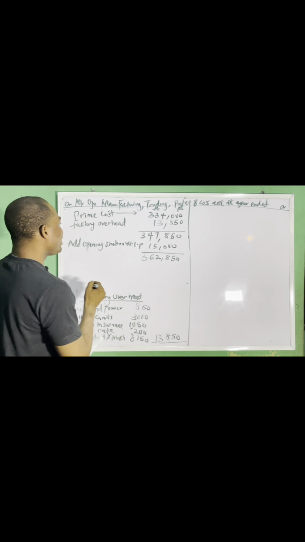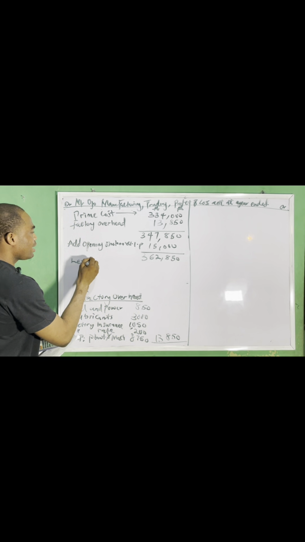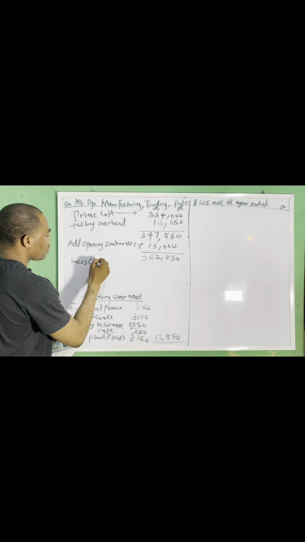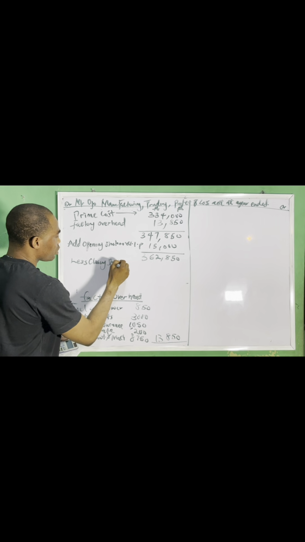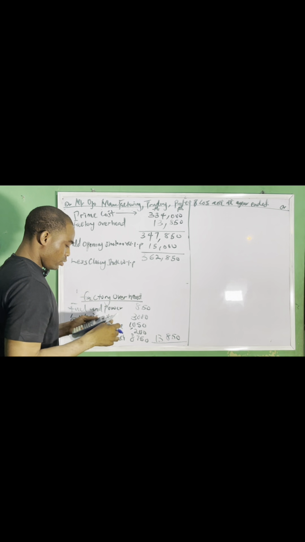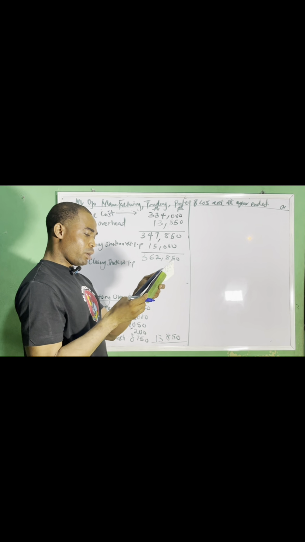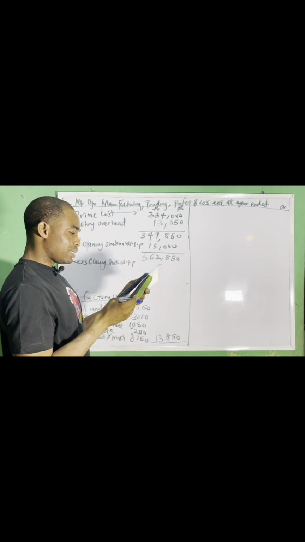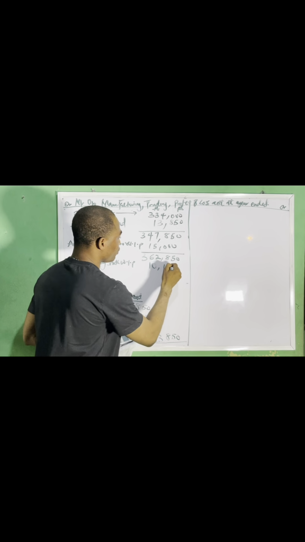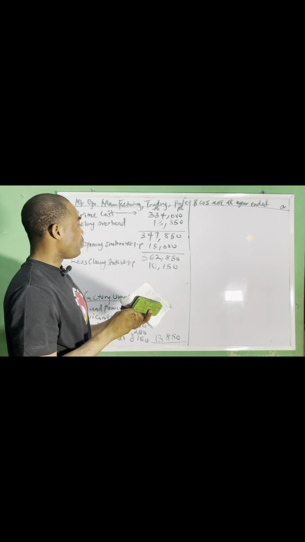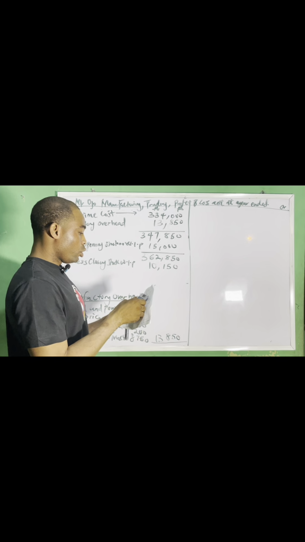Then you less your closing stock on WIP. Let's see the value for that. That is 10,150. So that's the value for my closing stock.